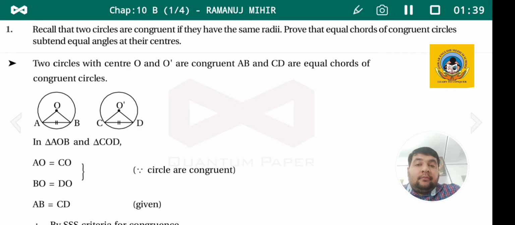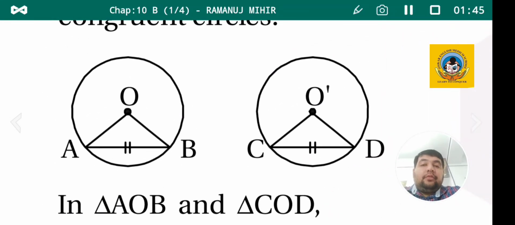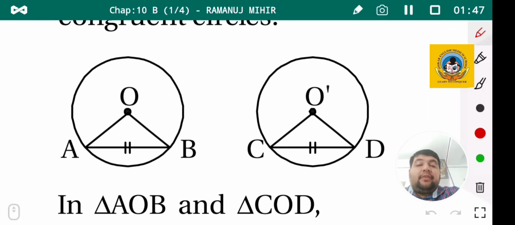Now in that circle, we have made two equal chords, whatever you say. If AB and CD are equal, it means if the lengths of AB and CD are equal, then what will happen?